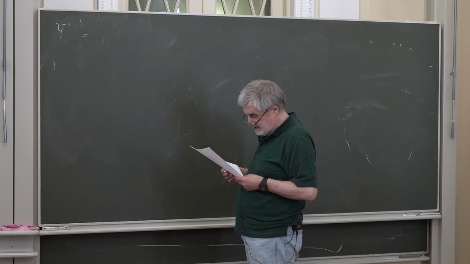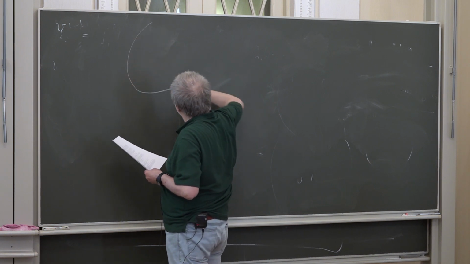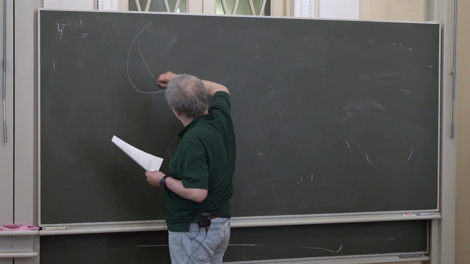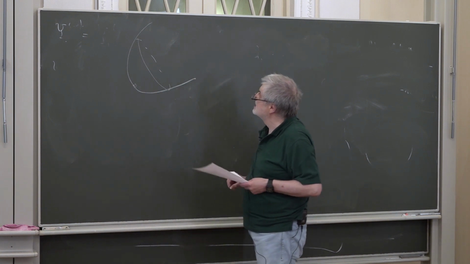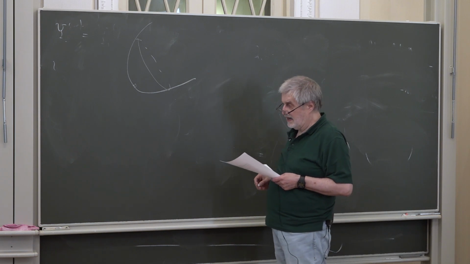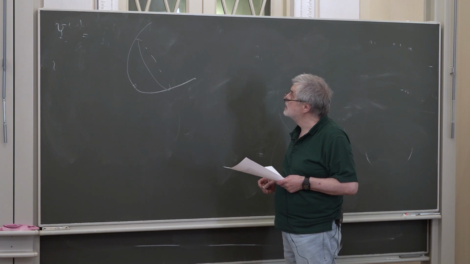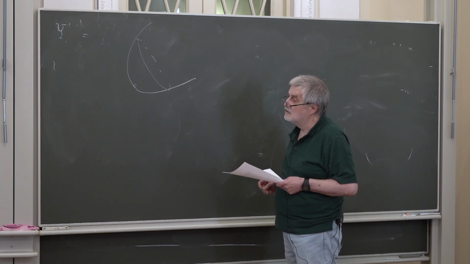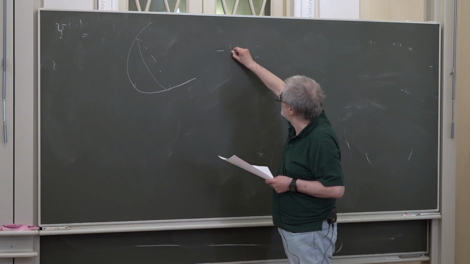Let's consider a specific non-compact manifold like the hyperboloid. It's a space of constant negative curvature, minus k.